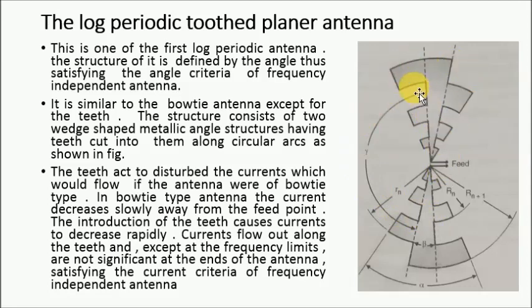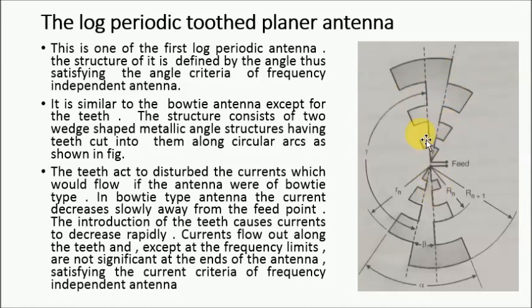The teeth are going to disturb the current, and whatever the flow of current, it is disturbed or attenuated by these teeth. If the antenna were bow tie type, the current decreases slowly away from the feed point.